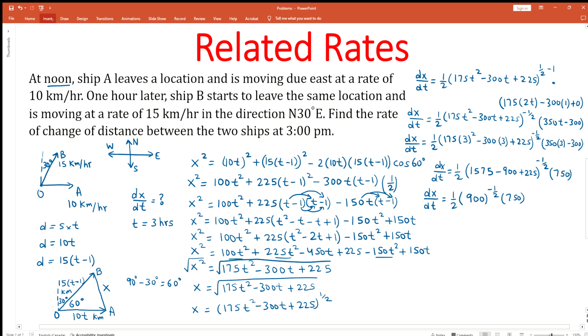Next, we should make the exponent on 900 positive by moving it to the denominator with 2. 900 to the power half is equivalent to 30.